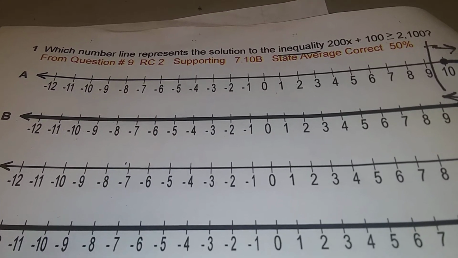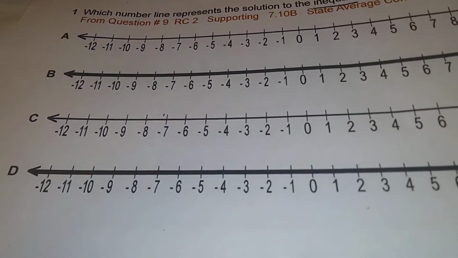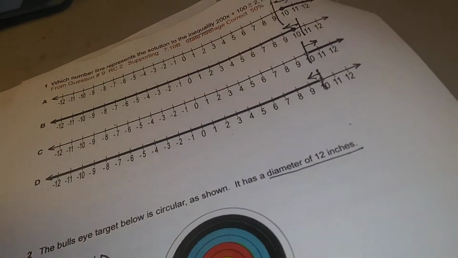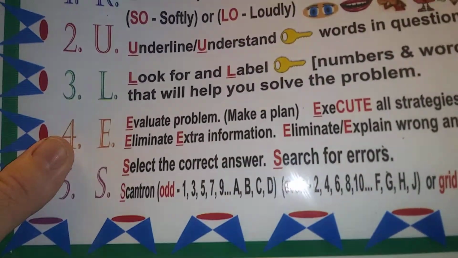In the connected video, I mentioned inequalities using number lines, and if you've already memorized my acronym rules, you know that it stands for the steps that you follow to do a math problem.